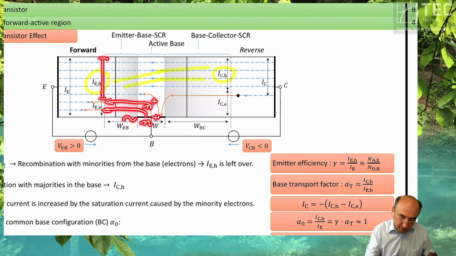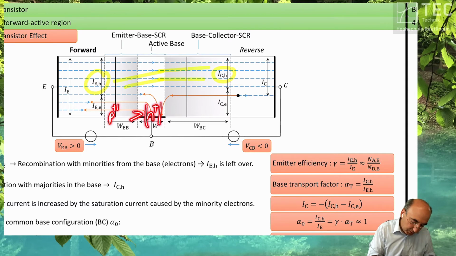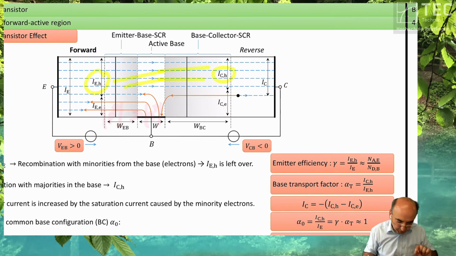This means your emitter is efficient if you dope the base lower than you dope your emitter. First indicator, just as a qualitative statement. Let's go on.